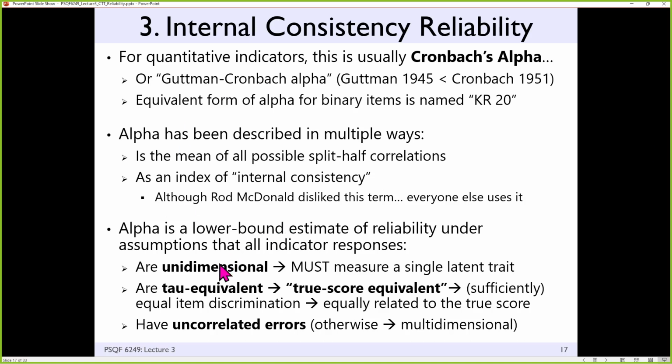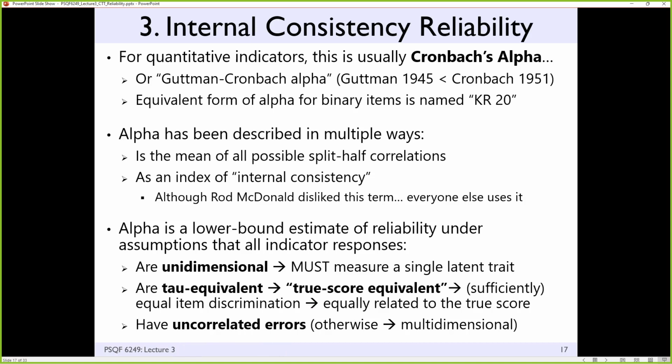If you're computing an alpha for a set of scale items, you already are assuming that the items are measuring one trait, unidimensional. Otherwise, alpha doesn't make sense at all. We're also assuming, without testing, that all of the items are equally discriminating, meaning that they have equal relationships to the latent trait, that they're equally good, and that they have uncorrelated errors.